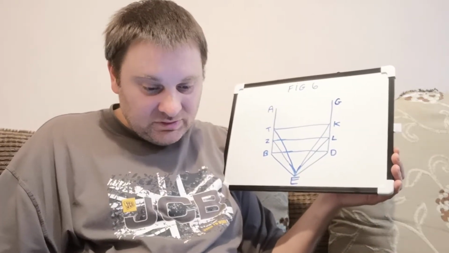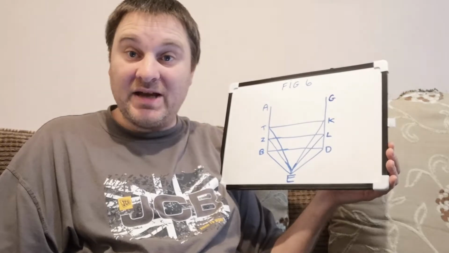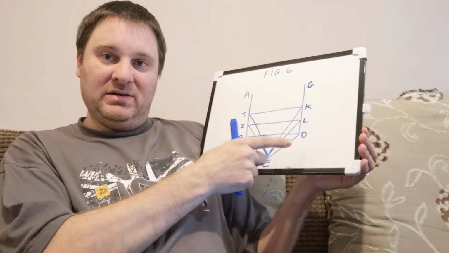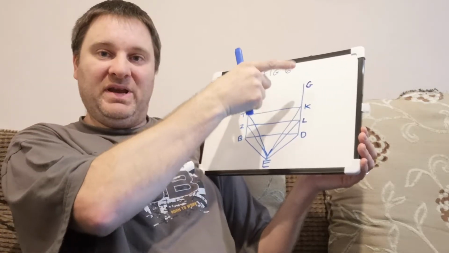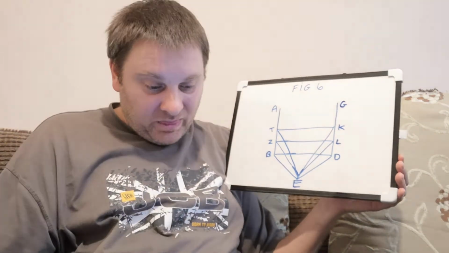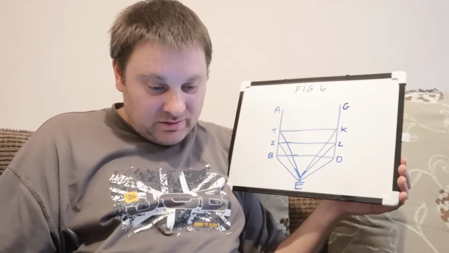BD appears longer than ZL. So BD will appear longer than ZL. So they will start coming closer, and they'll appear to be closer and smaller and smaller and smaller.